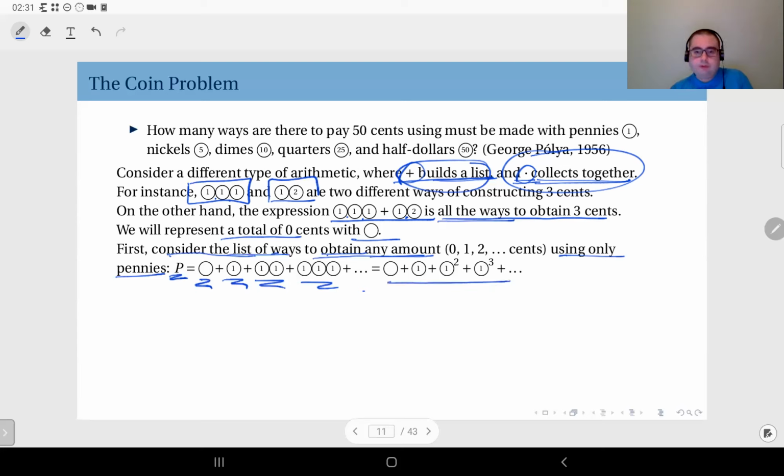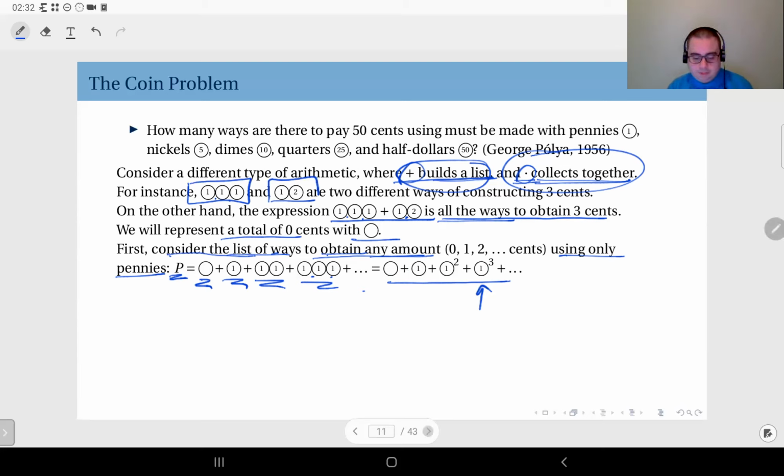Okay, so 0 plus 1 plus 1 squared plus 1 to the power 3, etc. So this multiplication here will result in the definition of a power, if you like, in this arithmetic. Okay, so this is P. By definition, I define P to be the list of all the ways to obtain any amount using only pennies.